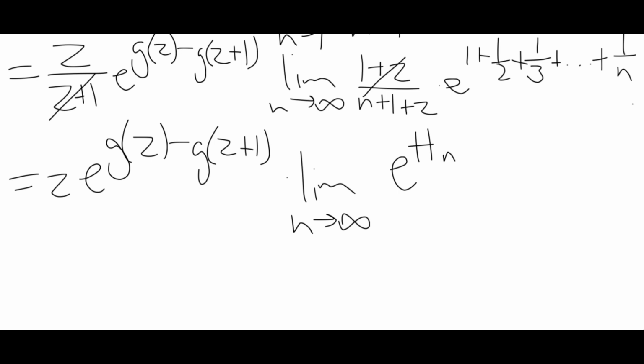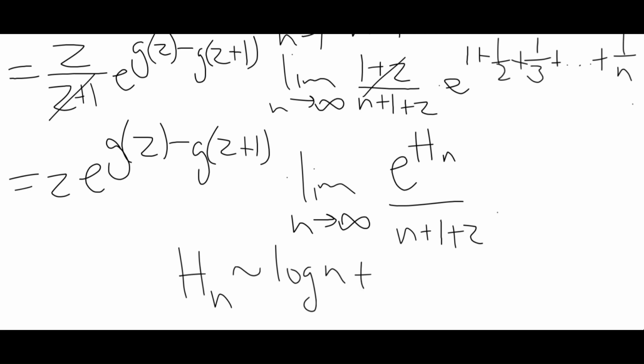And I can write that as just e to the power of the nth harmonic number over n plus 1 plus z. Now as n goes to infinity, the harmonic numbers behave like log n plus the Euler-Mascheroni constant.